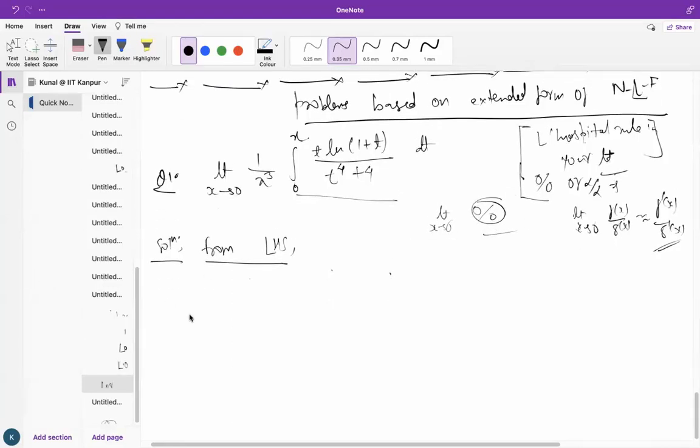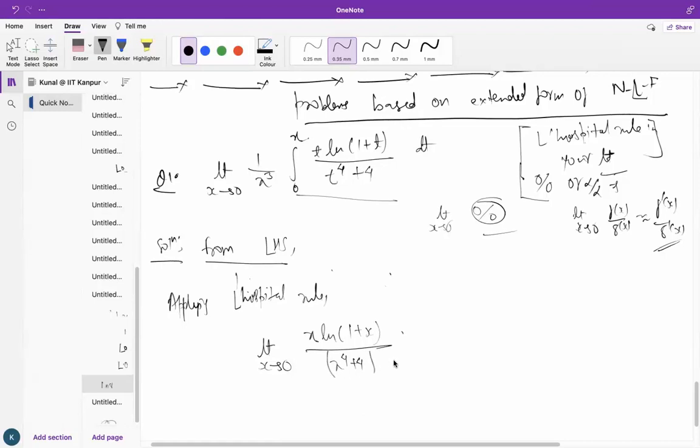So let's apply the L'Hopital rule here. We get the limit as x tends to 0, and we use the Leibniz rule: substitute the upper limit first, so ln(1 plus x to the power 4) plus 4, and then differentiate it. The differentiation of x is 1, and the lower limit is 0, so we get nothing.